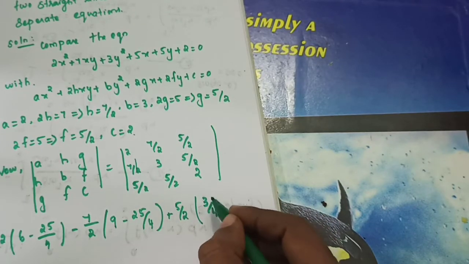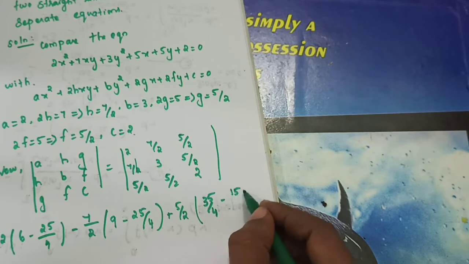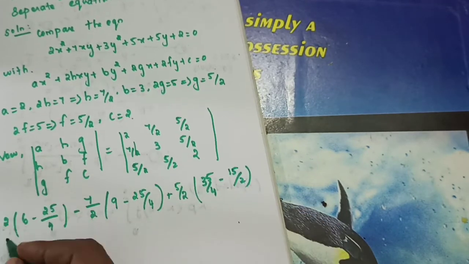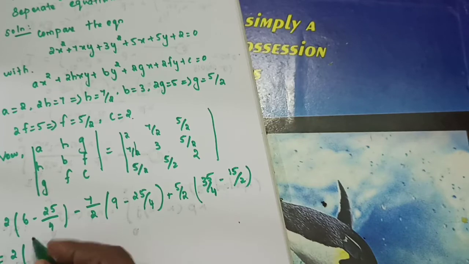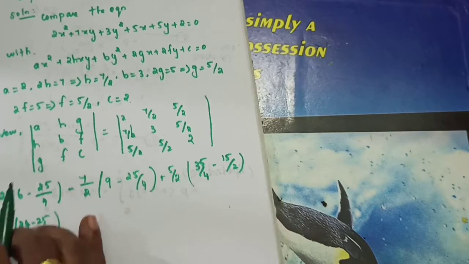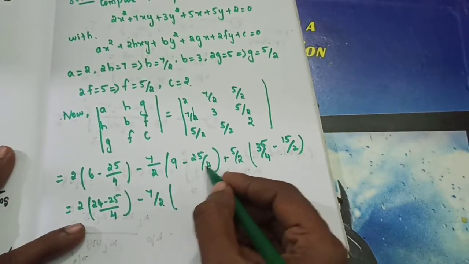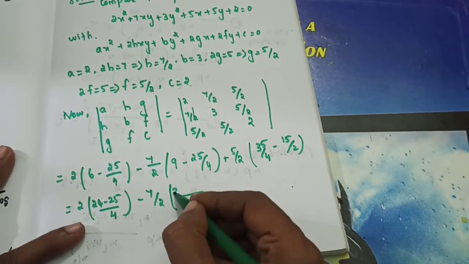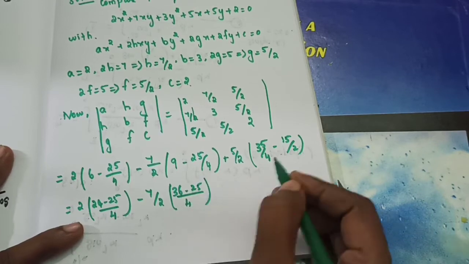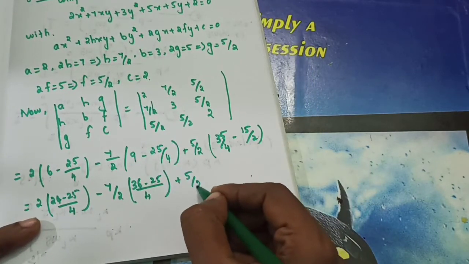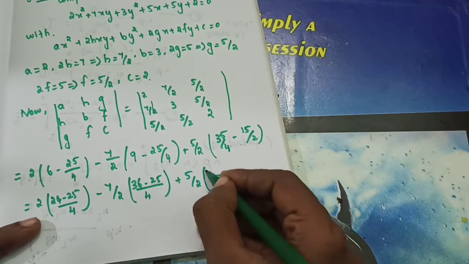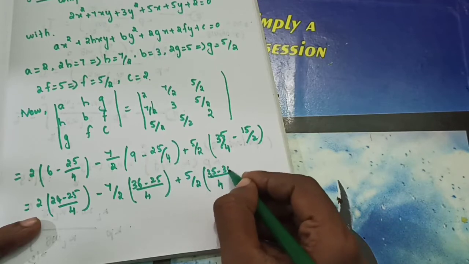So 35 by 4 minus 15 by 2. Simplify. So how much will get? 2 into this LCM is 24 minus 25 by 4, minus 7 by 2. Take the LCM. So 4 is the LCM, 36 minus 25. The next one is 5 by 2. 4 is the LCM, 35 minus 30.